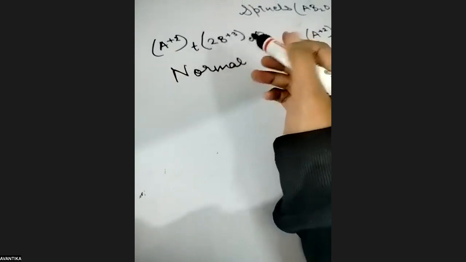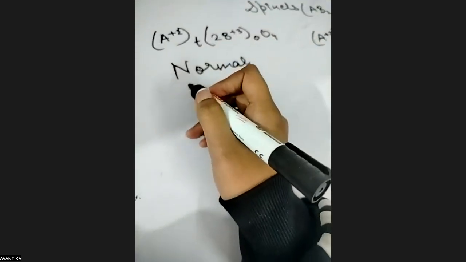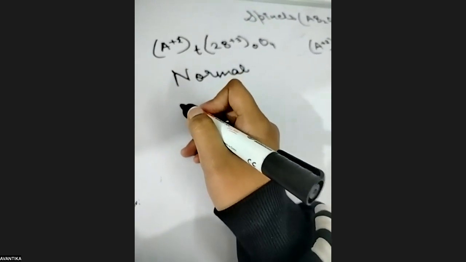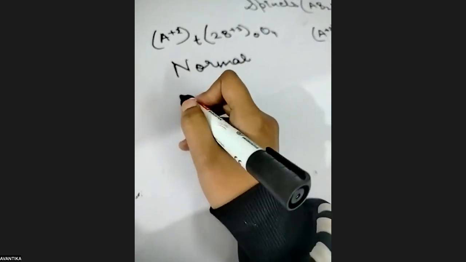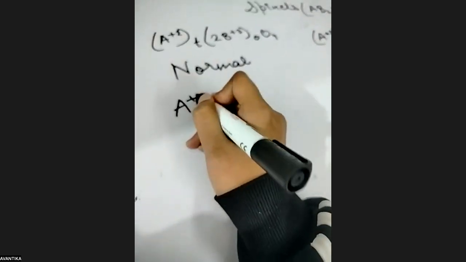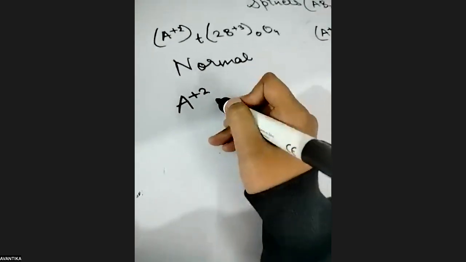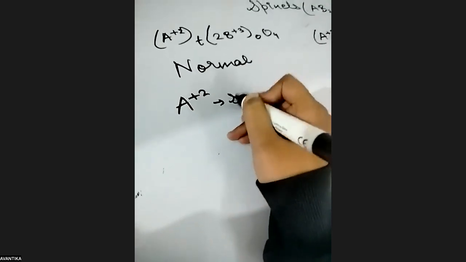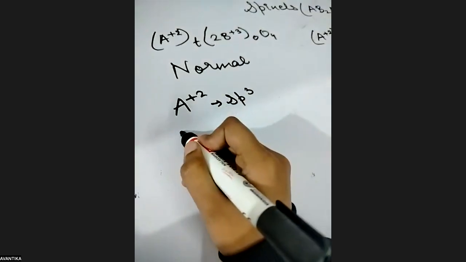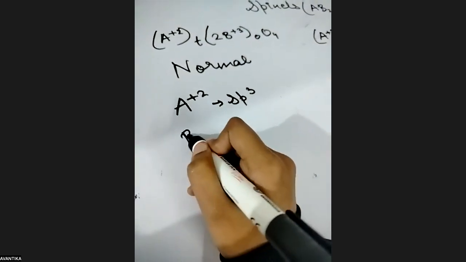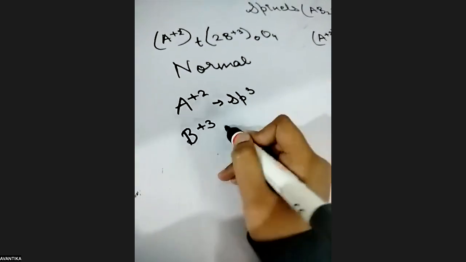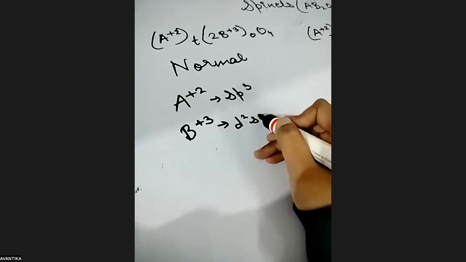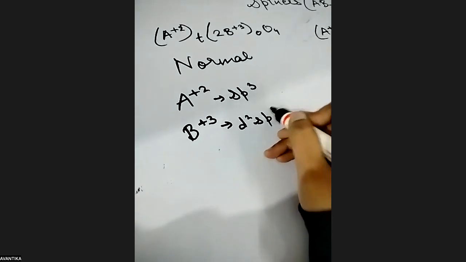In normal spinels, the metal which is in +2 oxidation state, that is A2+, is generally sp3 hybridized, and the one with +3 oxidation state is generally d2sp3 or sp3d2 hybridized.